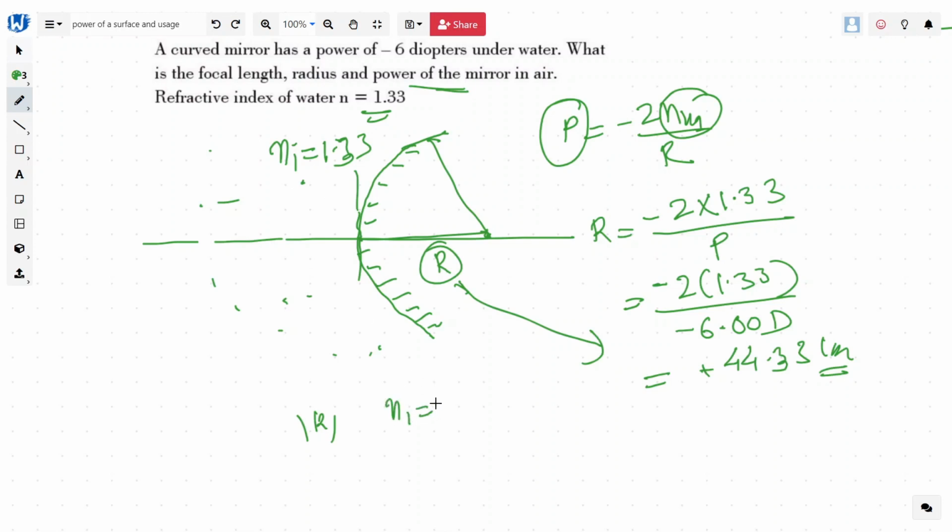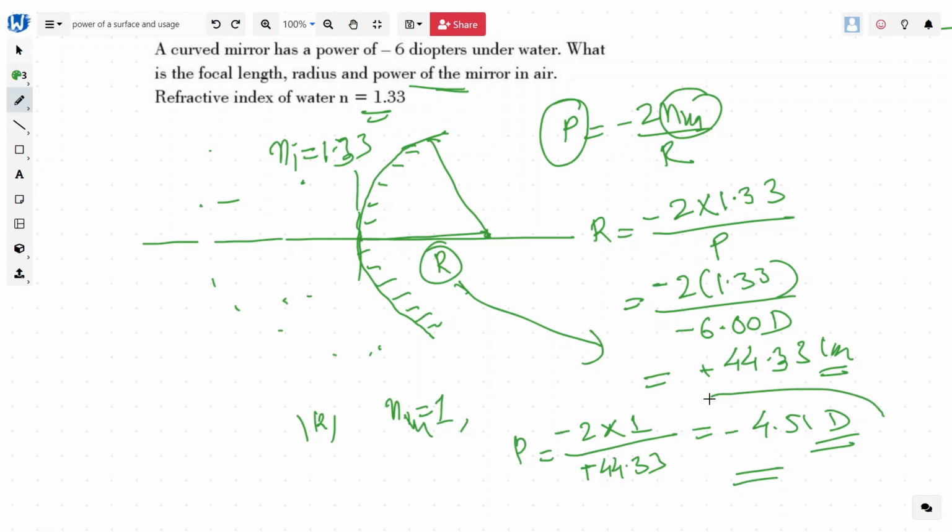So nm now is equal to 1, and we can simply use this equation P is equal to minus 2 into 1, and we divide it by the radius, which is plus 44.33, and we'll now get a negative power of 4.51 diopter, which means that this surface is basically now acting as a curved mirror in the air, right, with a negative power of 4.51.